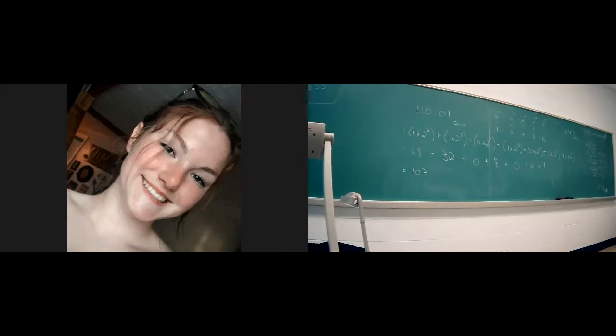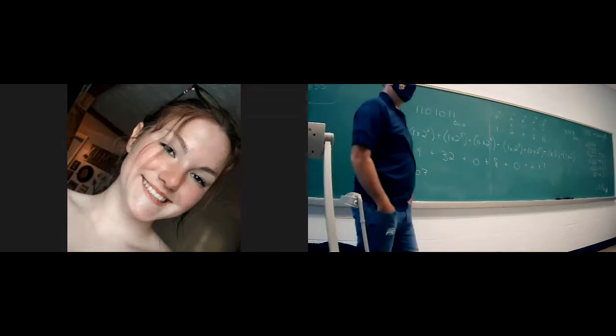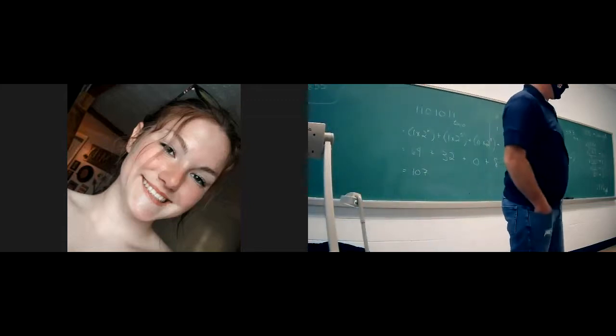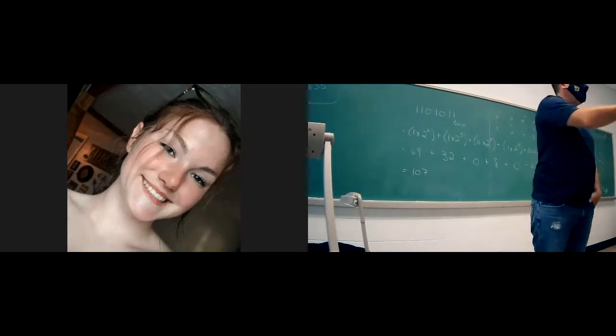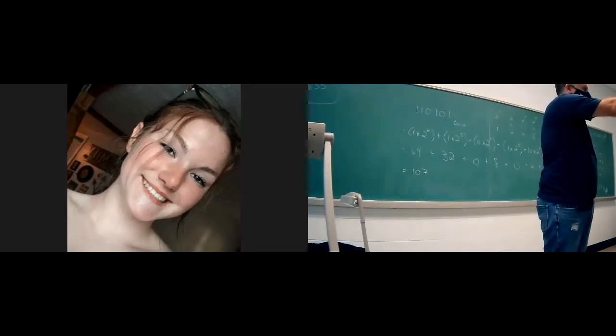Base 10: 0, 1, 2, 3, 4, 5, 6, 7, 8, 9, 10, and so on. Look at base 5: 0, 1, 2, 3, 4. And then what? 10, 11, up to 14. And then it what? Kind of like you said at the very get-go here, once you hit your last digit, then you bump to the next place value. And that's how it works.